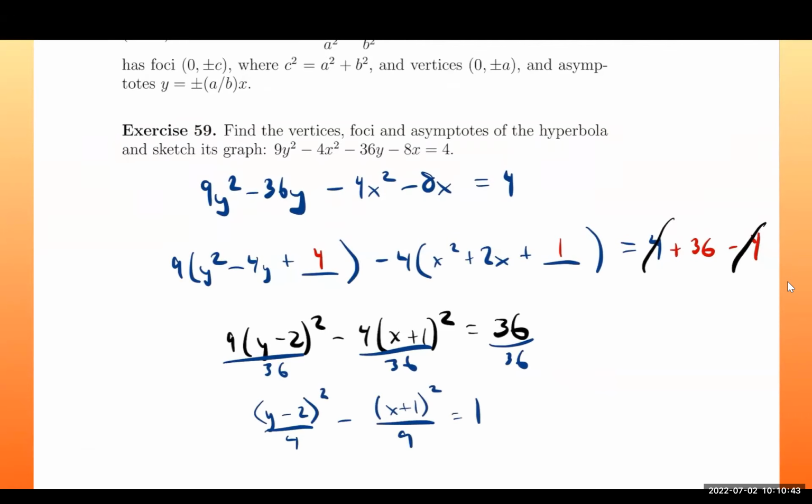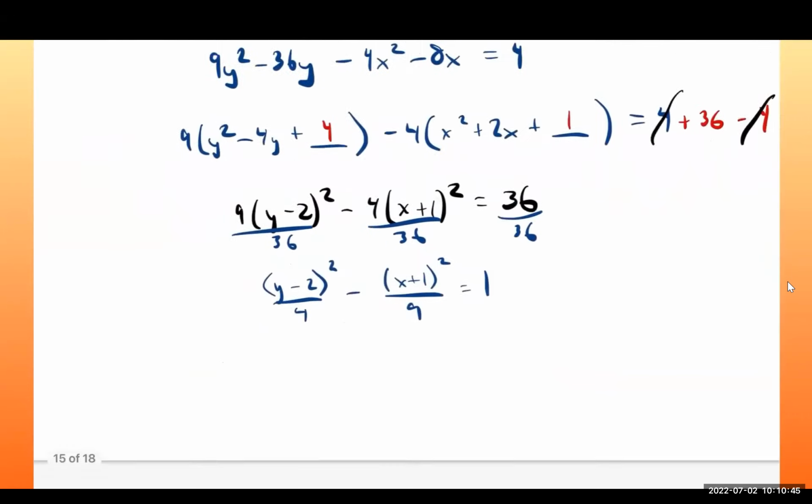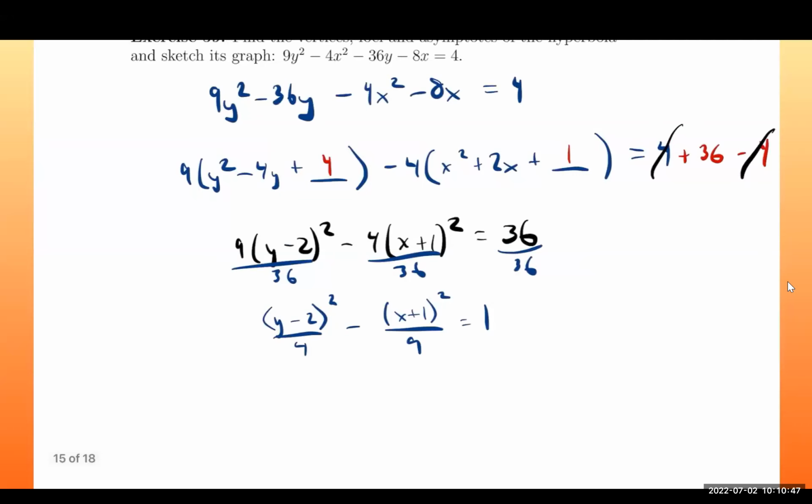Okay, so now we got the equation, and now we need to sketch and find all the other stuff that they were asking for. So let's begin with our sketch.